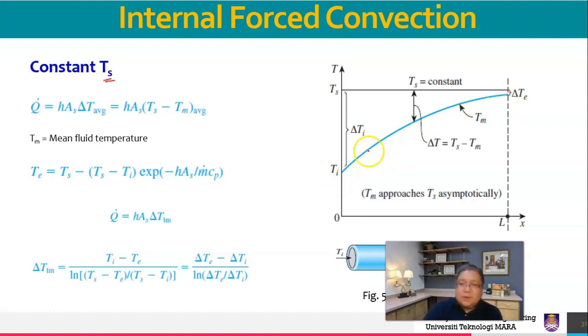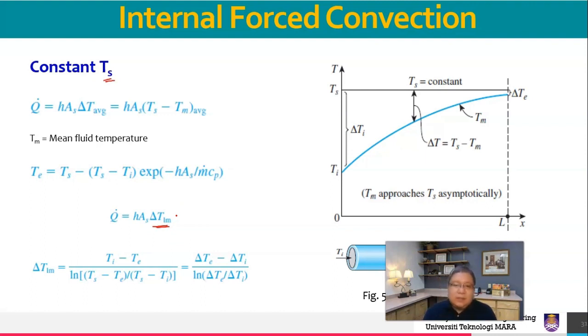It is some sort of parabolic shape. That is why you need this kind of T log mean, to determine the value of the temperature difference with regards to the conventional concept.